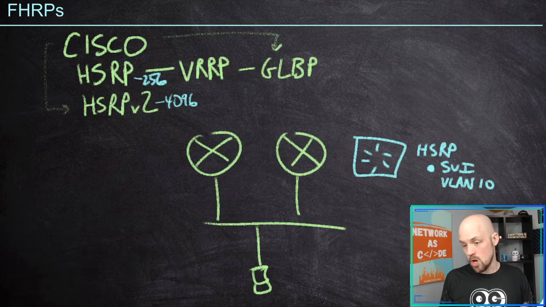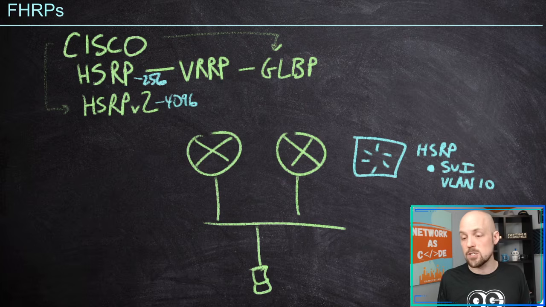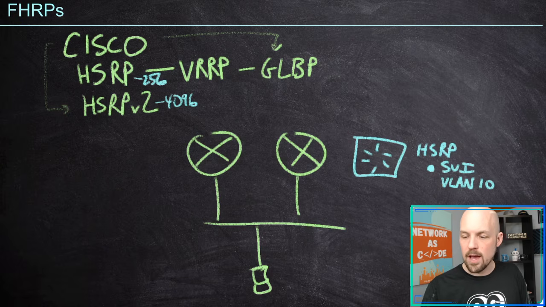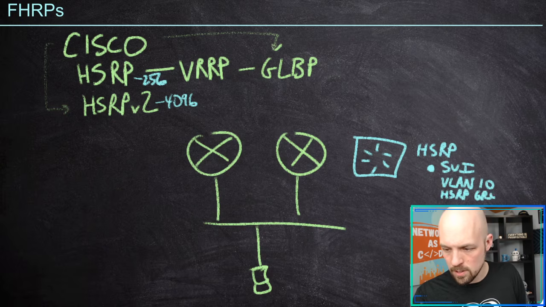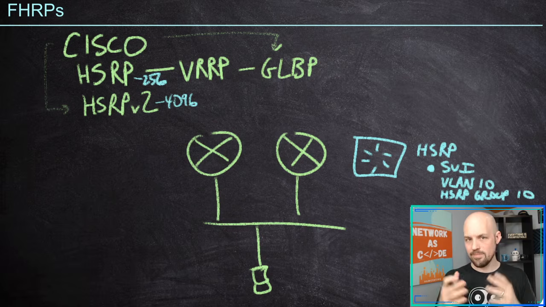There's no technical reason for picking any particular number. I could use HSRP group 17, or HSRP group 178. I can use whatever HSRP group I want, but from a human perspective, from a readability and organizational perspective, I'm going to configure HSRP group 10 because that looks pretty.